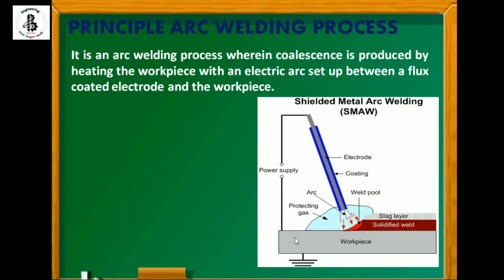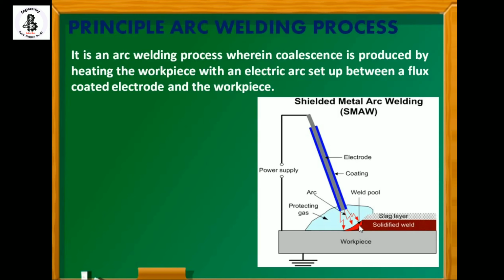Basically, as per the working principle, the arc is struck between the consumable flux coated electrode and the workpiece material. By striking the arc, the electrode material with the flux goes into molten form, and the workpiece material also becomes molten.